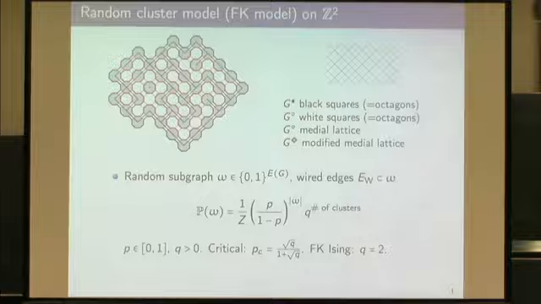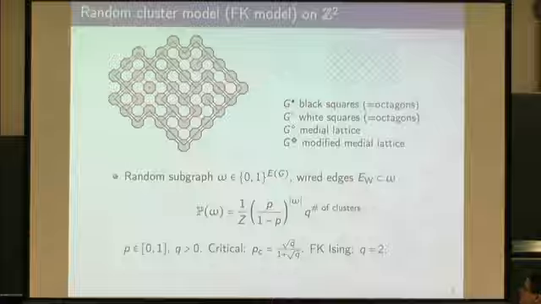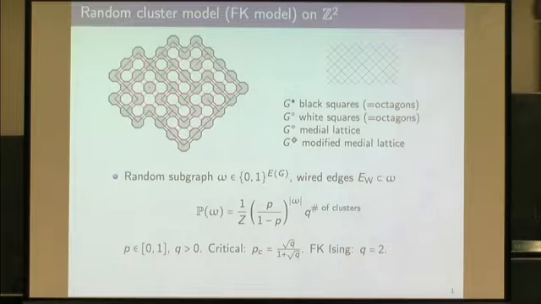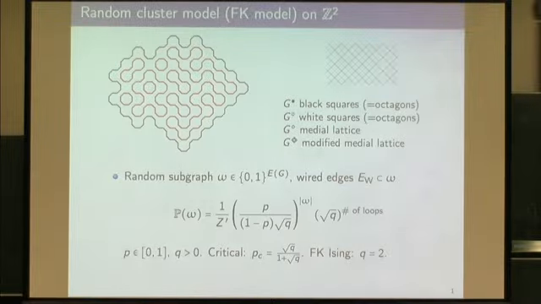Now we define the loop representation of the model. On this modified medial lattice, these are simple paths which go around all these clusters, both inside and outside of them, and so you can write this probability in terms of just loops and open edges in this way.